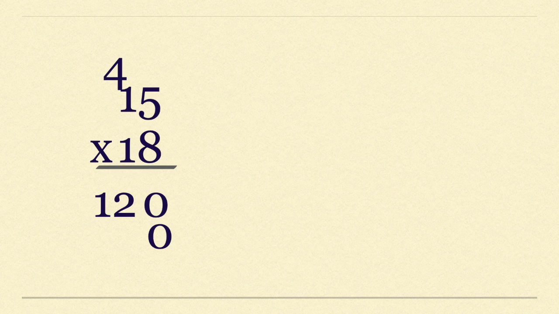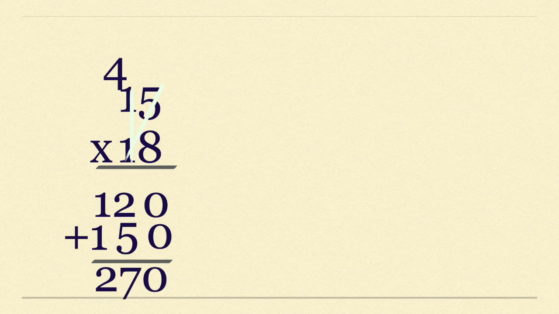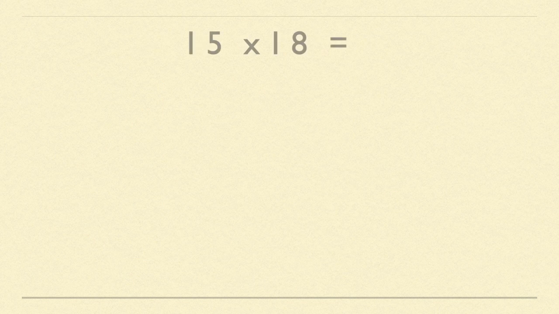I'm done with the 8. Now I'm going to multiply by the tens column. So I do 5 times 1 is 5. And 1 times 1 is 1. I take those and I add them up. That gives me 270.